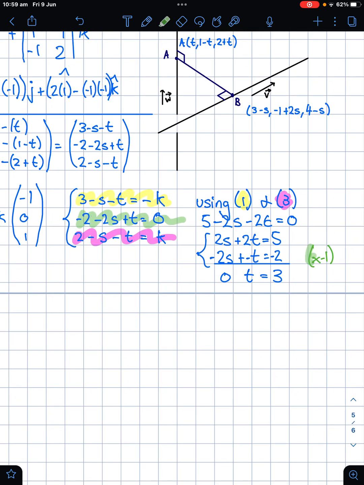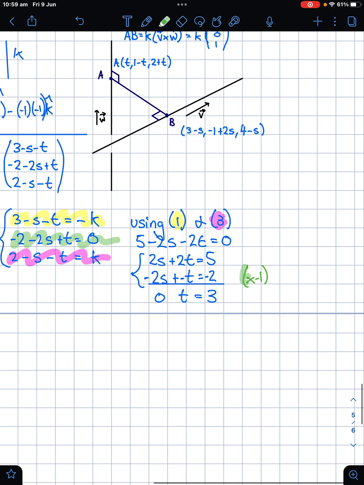I'm picking this second one: negative 2, take 2s plus t is 3 equals 0. So that means 3 take 2 gives us 1 minus 2s equals 0. S has to equal negative a half for that to work.